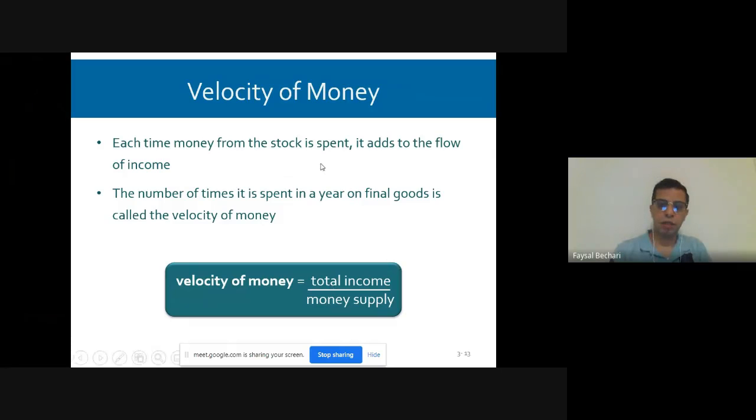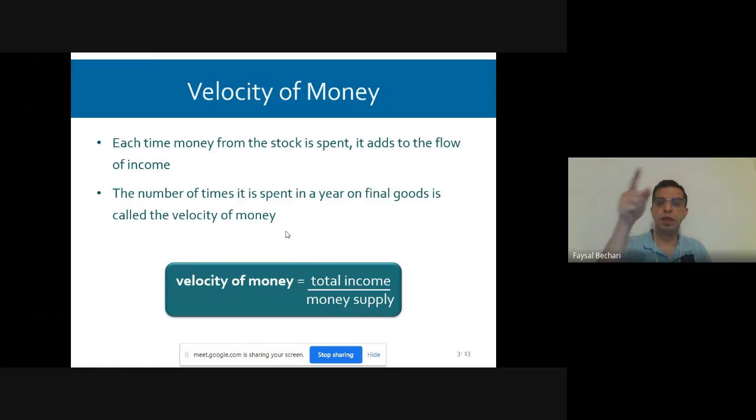Now, velocity of money. This is another term that you need to know. When you are saving, it's a stock of money. Each time money from the stock is spent, it is added to the flow of income, and the number of times it is spent in a year on a final good is called the velocity of money.